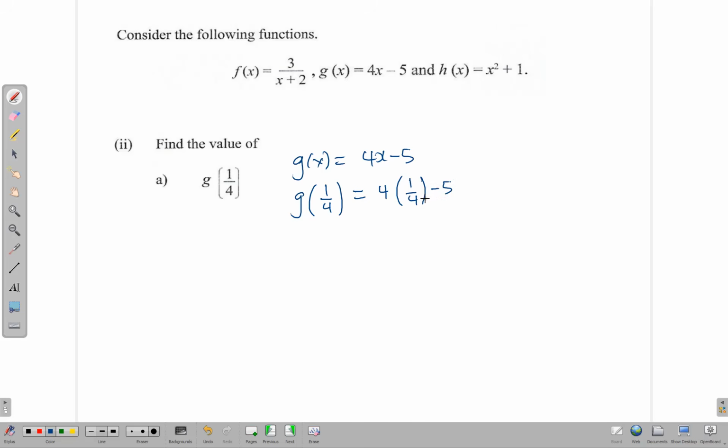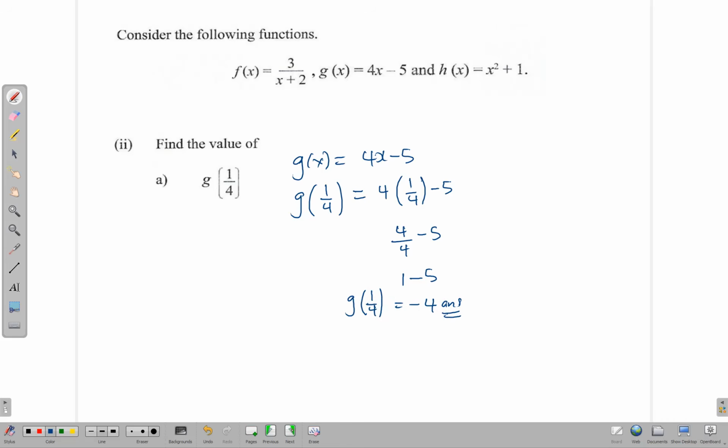So this gives us 4 over 4 minus 5, and of course you know 4 over 4 is 1. 1 take away 5 gives us negative 4. So g of a quarter is negative 4. That's that.